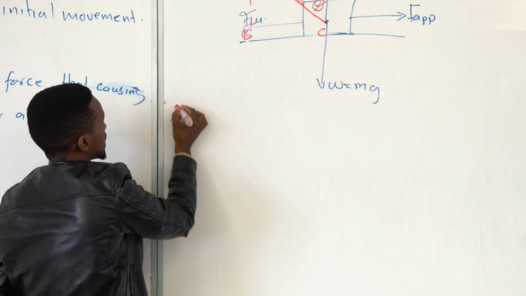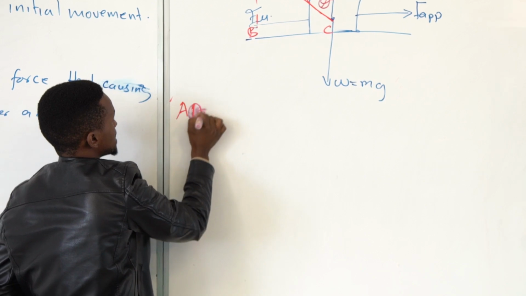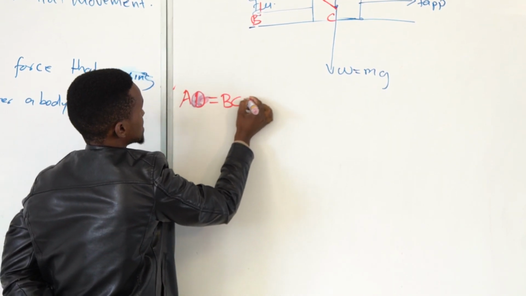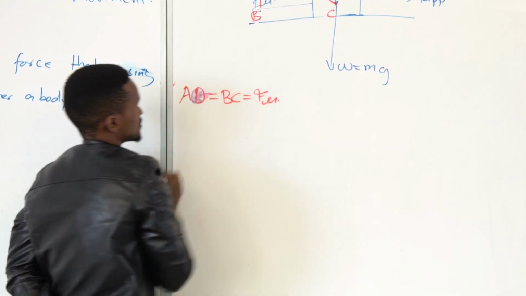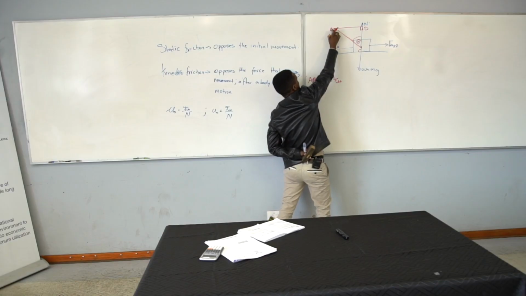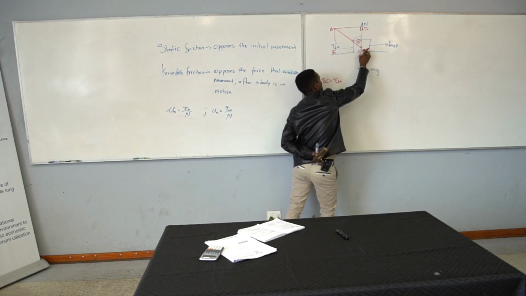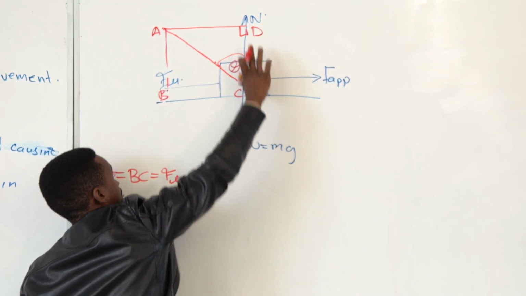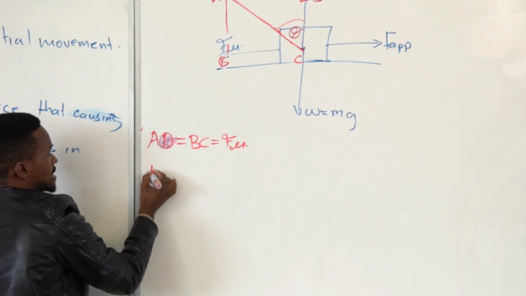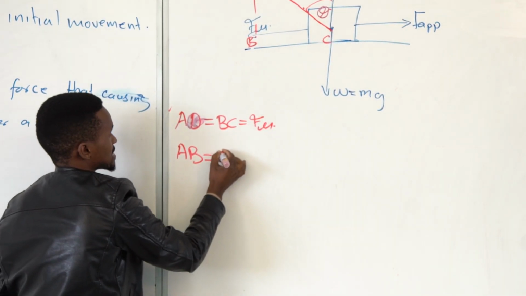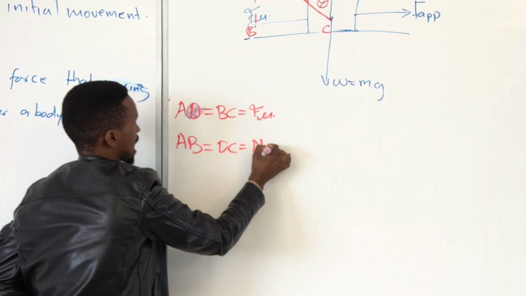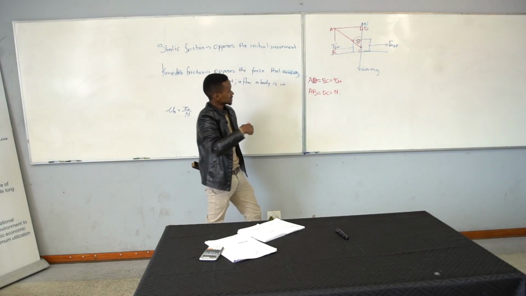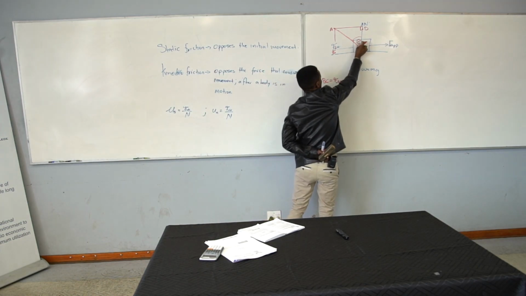So AD is equal to BC, which is our frictional force. And then AB is the same as DC, which is our normal force.